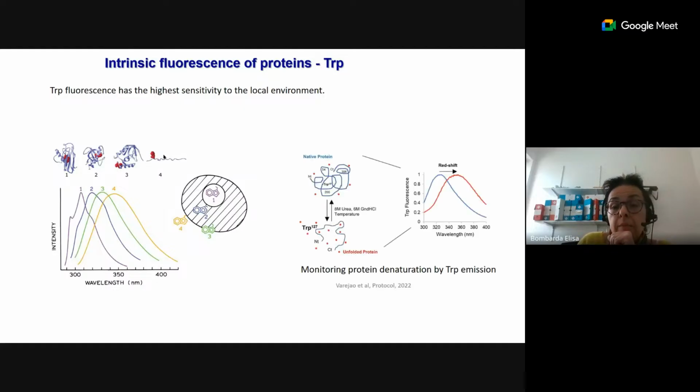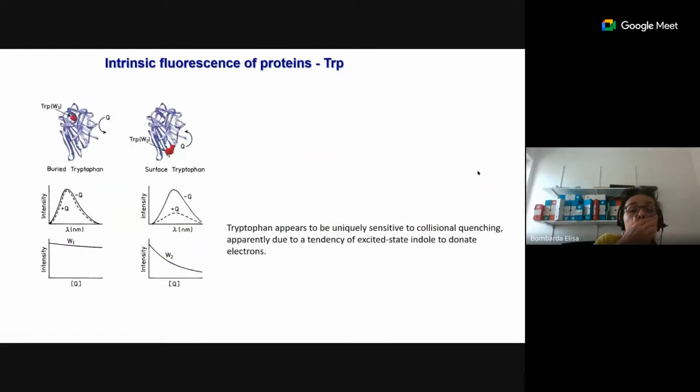So yeah, okay, that's what we're saying. A classical thing is to monitor the protein denaturation, for example. In the unfolded protein, the tryptophan is more easily accessible to the water molecules, and so you have a red shift. Good.